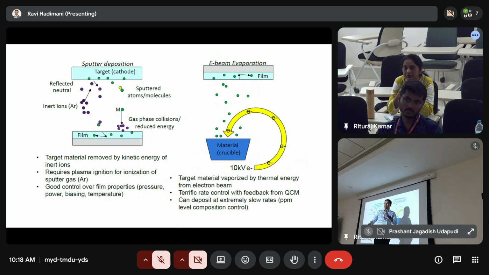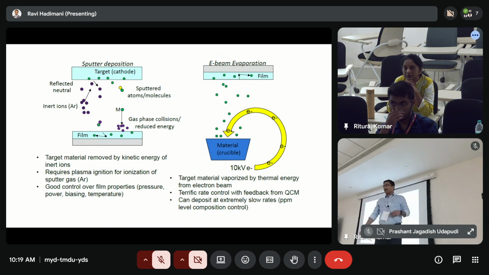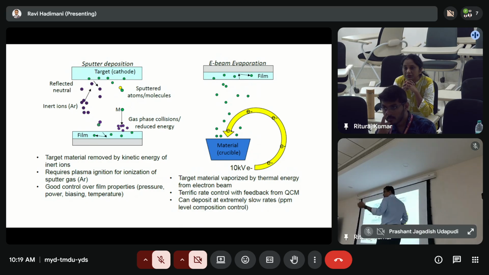When they hit, they knock off atoms from the target. The target is what you want to deposit. It could be silver, gold, platinum, iron oxide, rhodium, whatever. It could be a compound, not just an element, like gadolinium silicide.